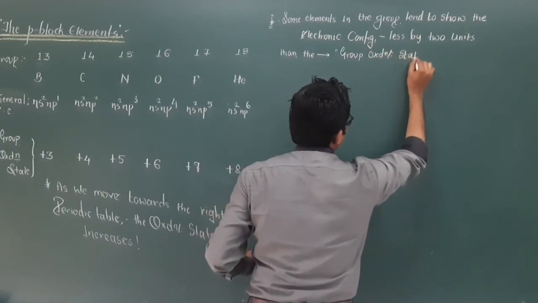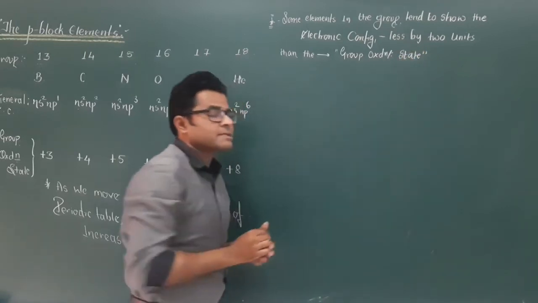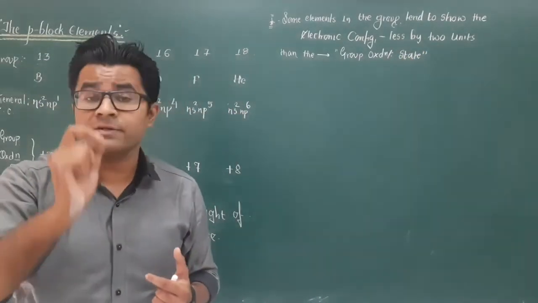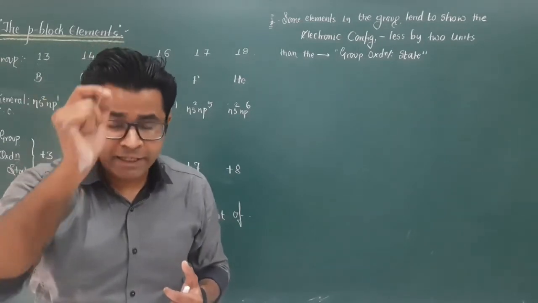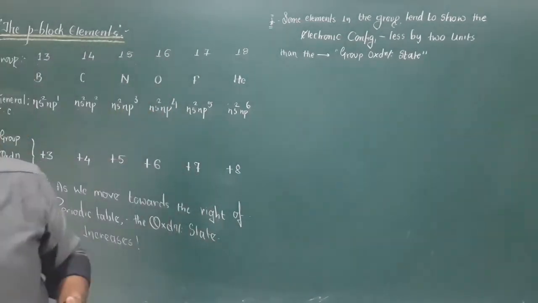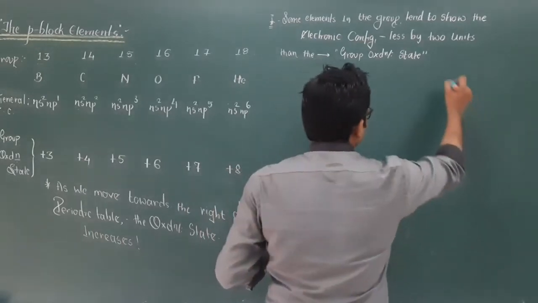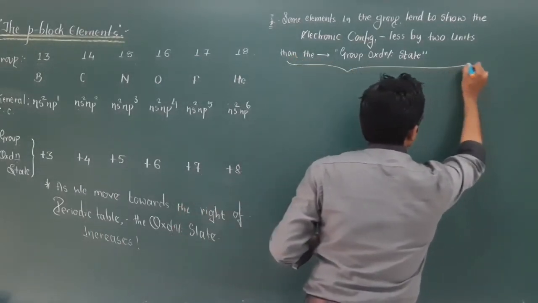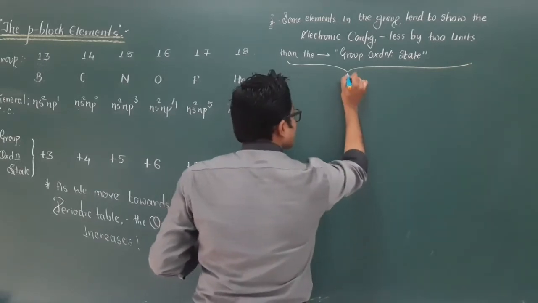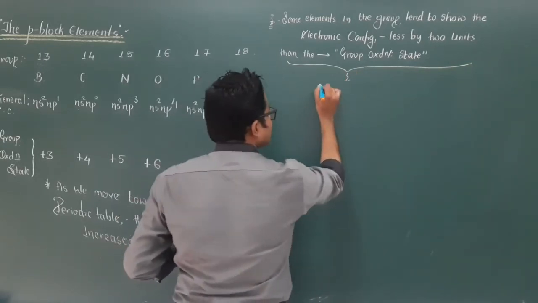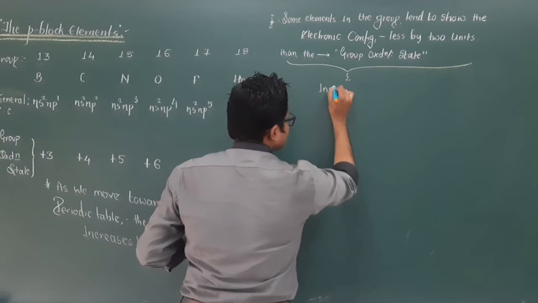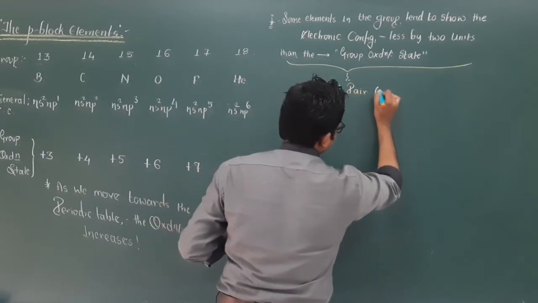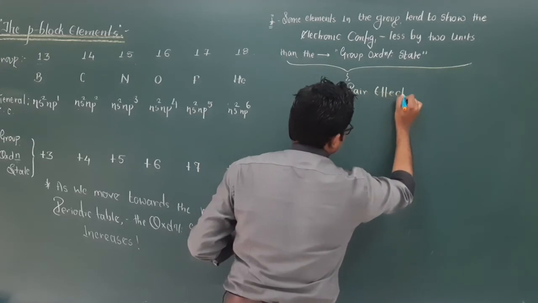Now, this happens usually because of one reason, and the reason you need to remember is that it is entirely due to one concept, and that is the inert pair effect.